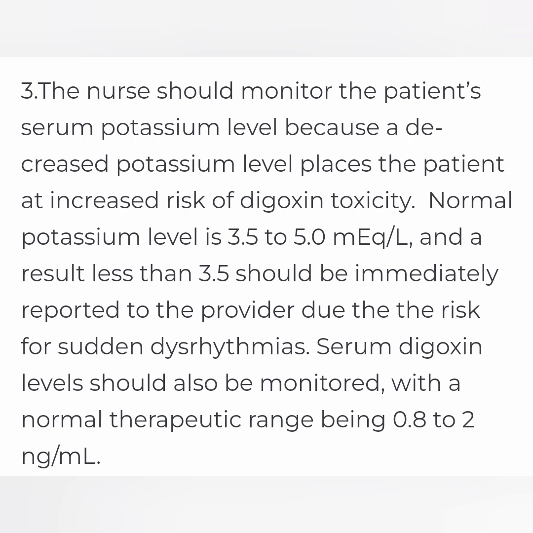If it is below normal, we should not give digoxin to the patient. That may cause digoxin toxicity, and there is a chance of sudden dysrhythmia. So we have to monitor serum potassium level before giving digoxin.